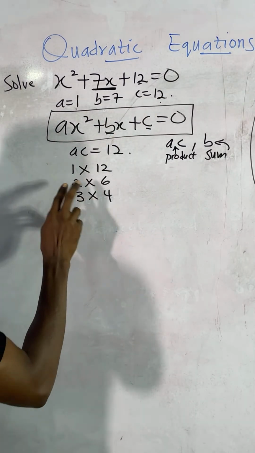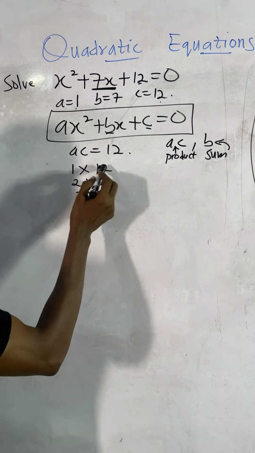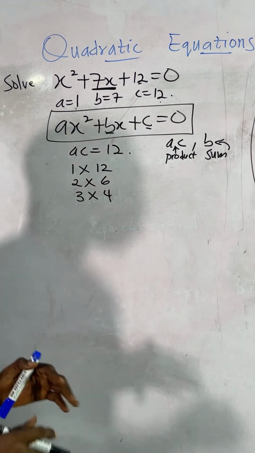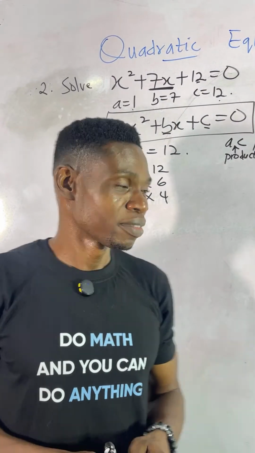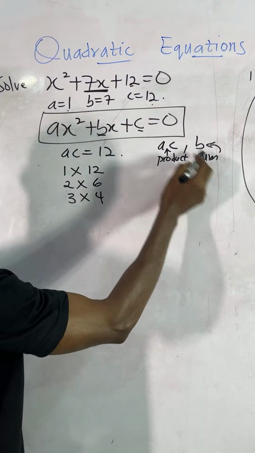So we have 1 multiplied by 12, 2 multiplied by 6, and 3 multiplied by 4. If we multiply all of these, we get 12, right? Now, the second condition is that when we add the two numbers, we get B.